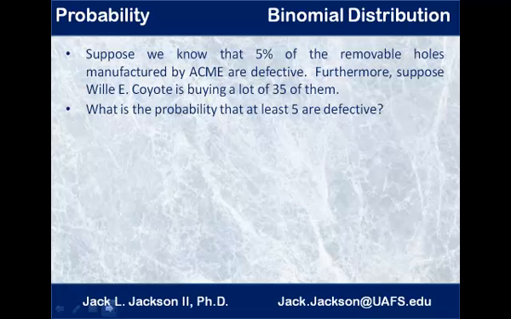What's the probability that there are at least 5 defective? At least 5. Press pause and figure that out. Now, let's think about this a minute. The probability that at least 5, that's the probability that x is greater than or equal to 5. Well, the CDF figures out the probabilities less than or equal to this.